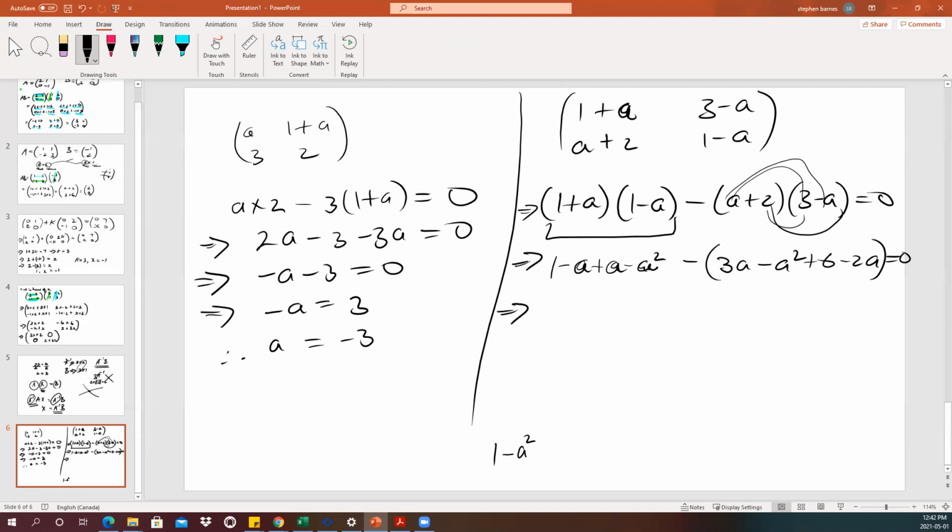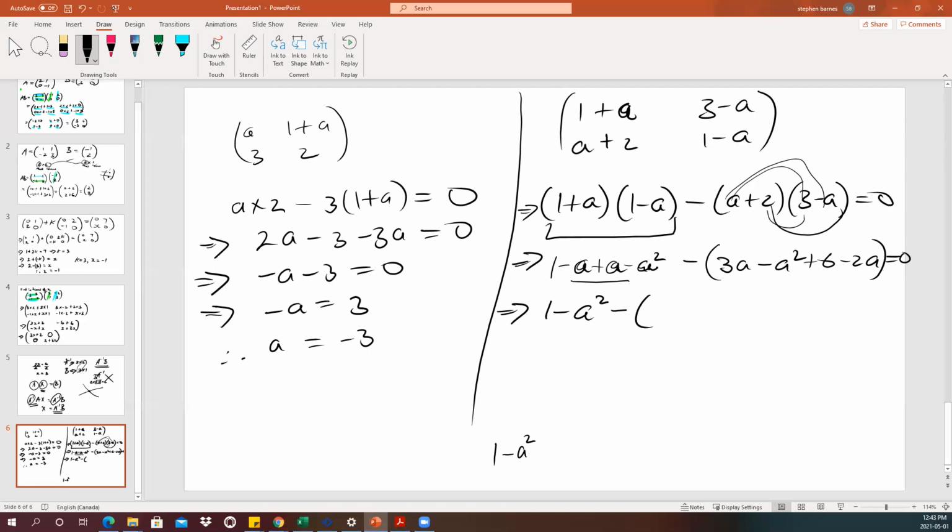So we're going to try and simplify now. Note that this is gone, right? That cancels. So this is just 1 minus a squared. Then what else can we do? Within this, I'm not even going to multiply the brackets yet with the minus. I want to simplify in here first. So it's 3a minus 2a.